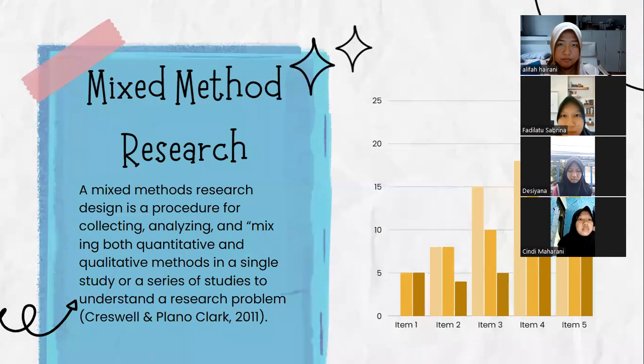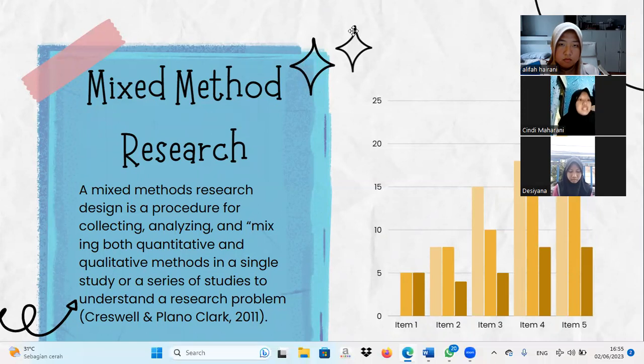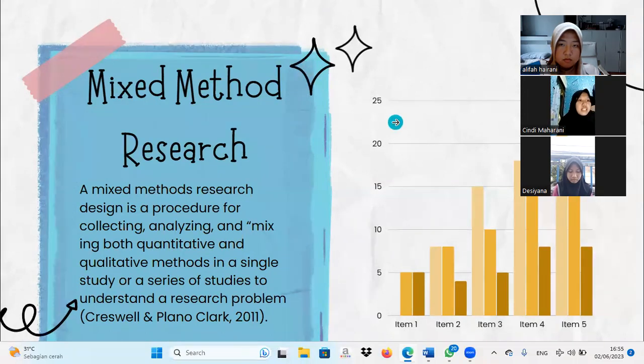The basic assumption is that the use of both quantitative and qualitative methods in combination provides a better understanding of the research problem and question than either method by itself.